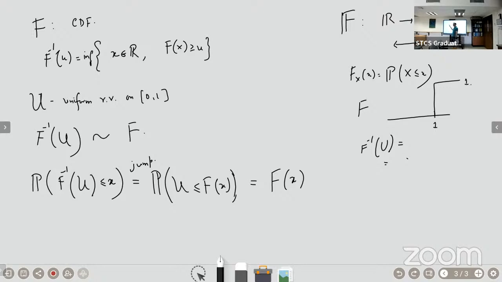Just that because F could have discontinuity, one has to define all this and make sure that it works. The proof is actually short. I thought it was standard. And do you know that F inverse on its own has uniform distribution? So F inverse can be treated as a random variable.